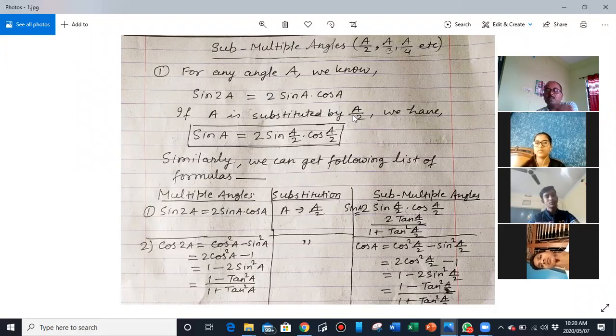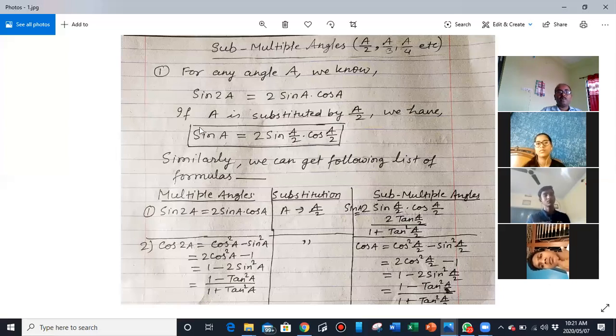The name is not important. Those were formulas of multiple angles used in the previous exercise. Now we are in submultiple angles. What is the meaning of submultiple? Suppose A is your original angle, then its submultiple is maybe A by 2 or A by 3 or A by 4, like this. These are called submultiples.